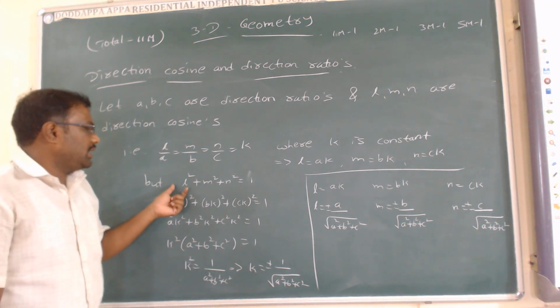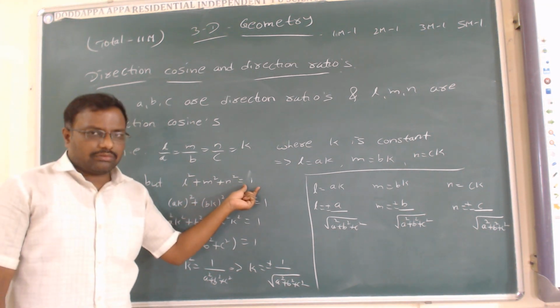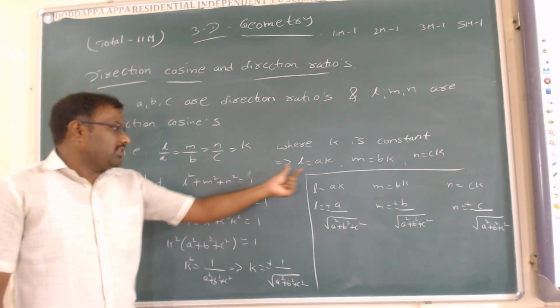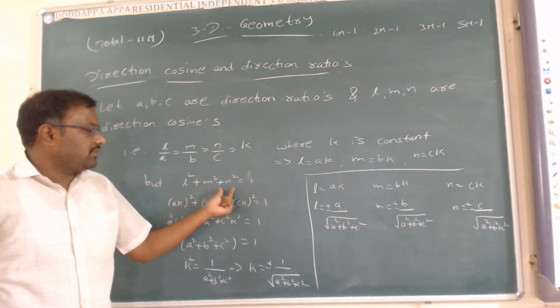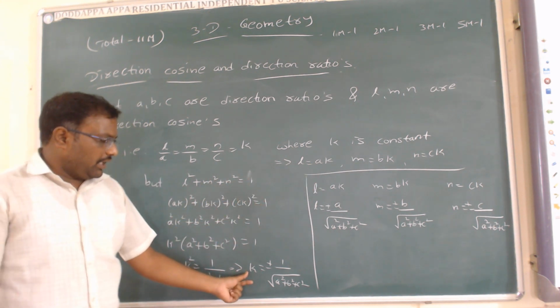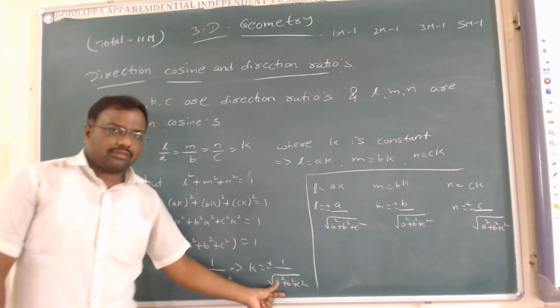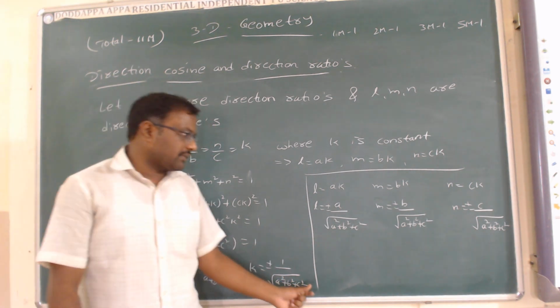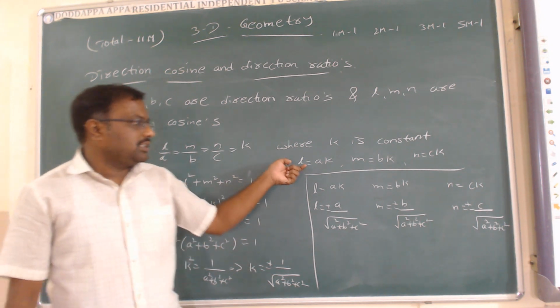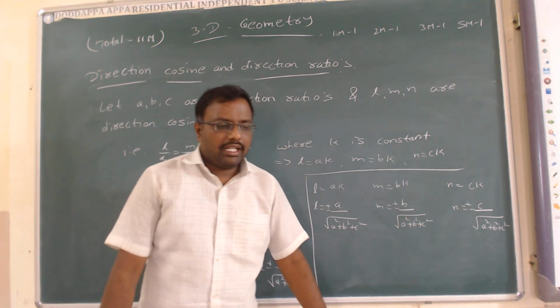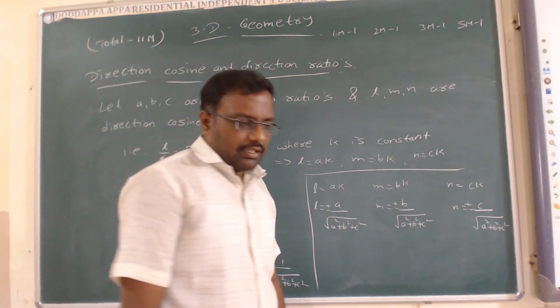But we know that l square plus m square plus n square is equal to 1. So you have to substitute the l, m, n values. Then we get the k value, plus or minus 1 divided by under root of a square plus b square plus c square. Now substituting these values in l, m, n, we get the direction cosines.